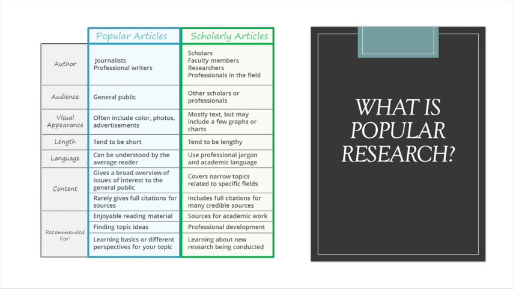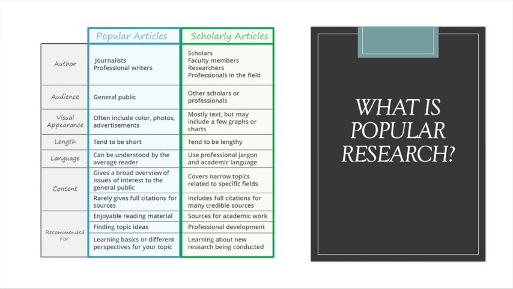Now you'll notice there's a little bit of a difference on the scholarly article side. Scholarly articles are typically written for other scholars or professionals in a particular field of study. They tend to be very lengthy, and they tend to use the professional language or academic language of the field at hand.